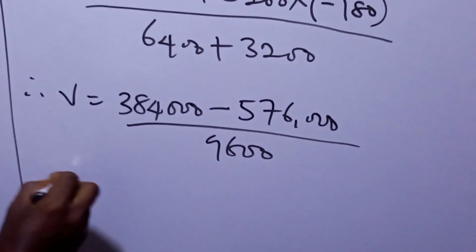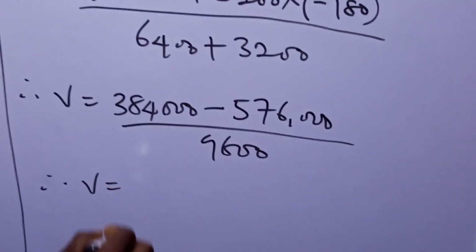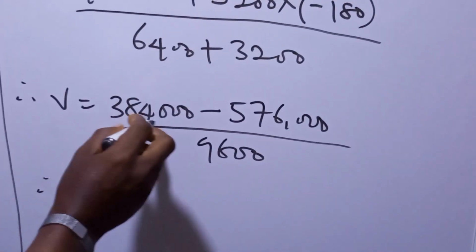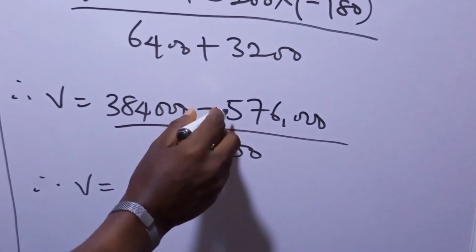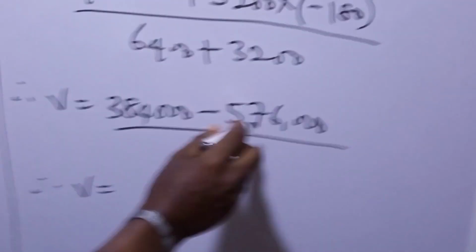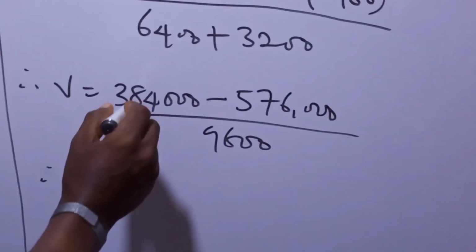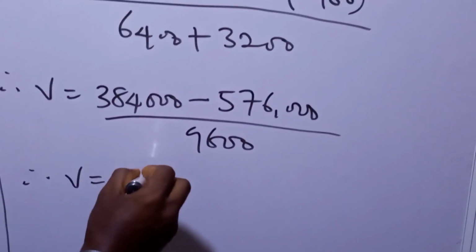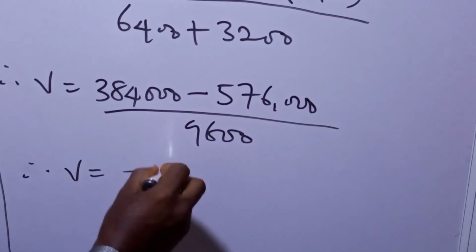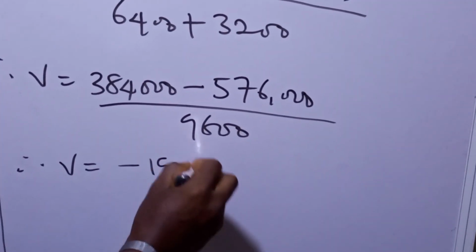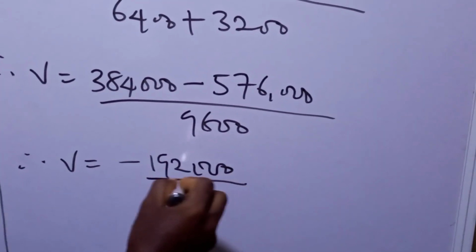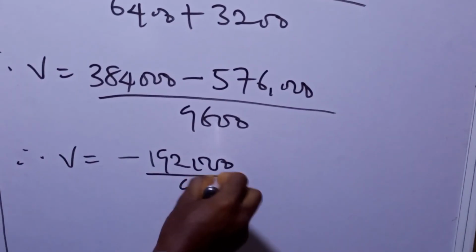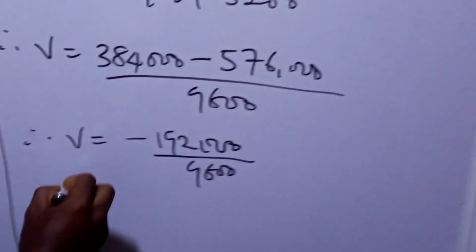9,600. Therefore, the velocity here, if you subtract 576,000 from 384,000, you have minus 192,000 divided by 9,600.